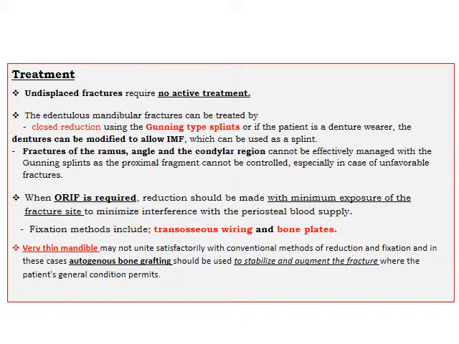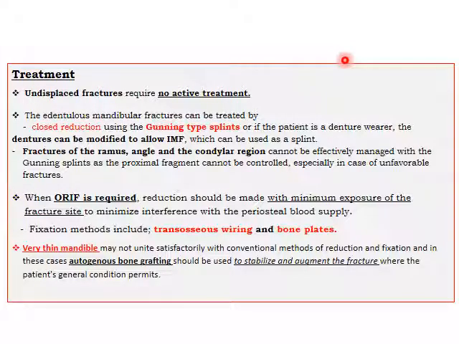For the treatment of edentulous mandibular fracture, there are many factors which affect the method of treatment of the edentulous jaw.